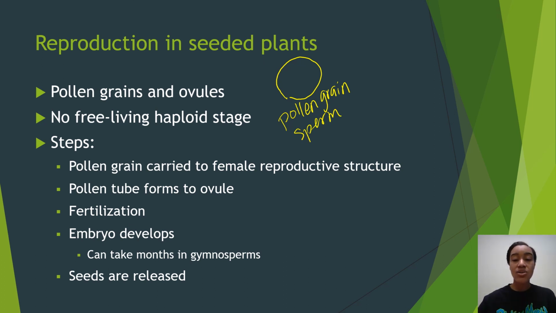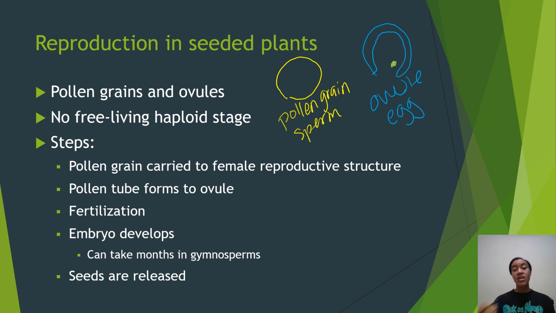And then they also use an ovule, and the ovule houses the egg. So both gymnosperms and angiosperms use pollen grains to house and transport sperm, and the ovule to house the egg.